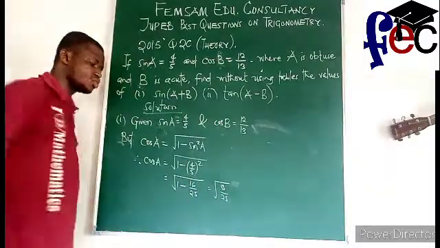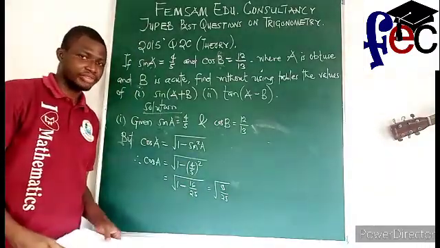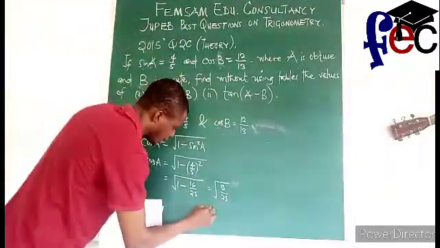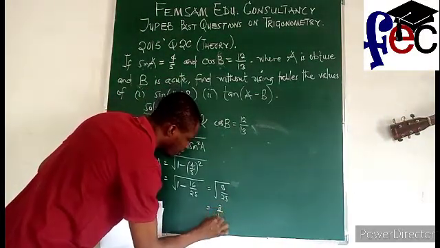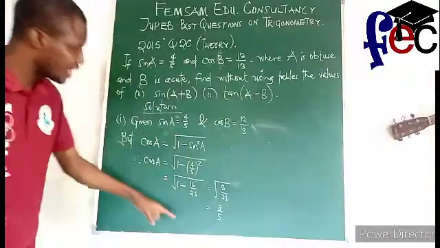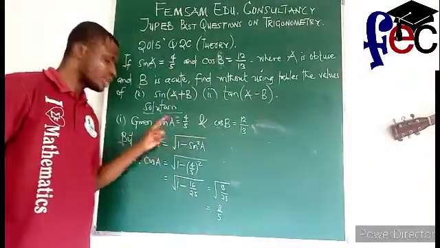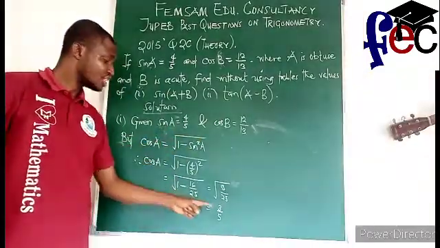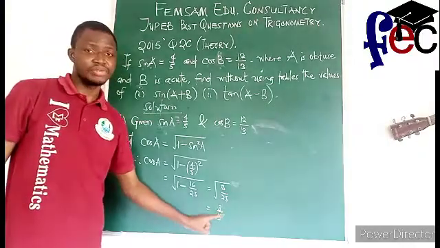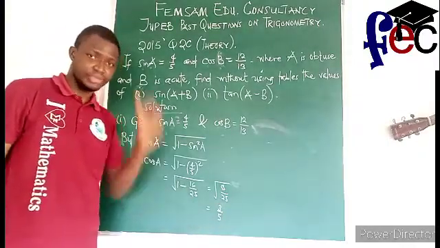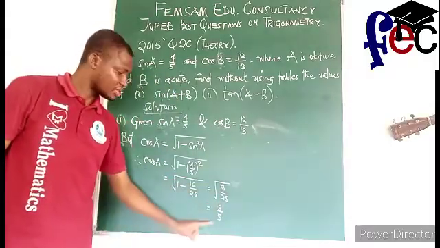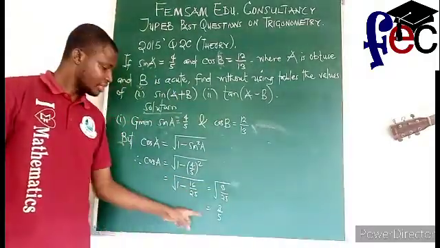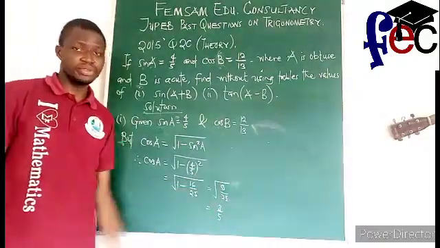So what is the square root of 9 over 25? Like we said, this will give us 3 over 5. But don't forget that we said that this is an even root, a square root. So your result will not only be positive, it will also go with negative, because minus 3 squared will also give us 9, and minus 5 all squared will also give us 25.